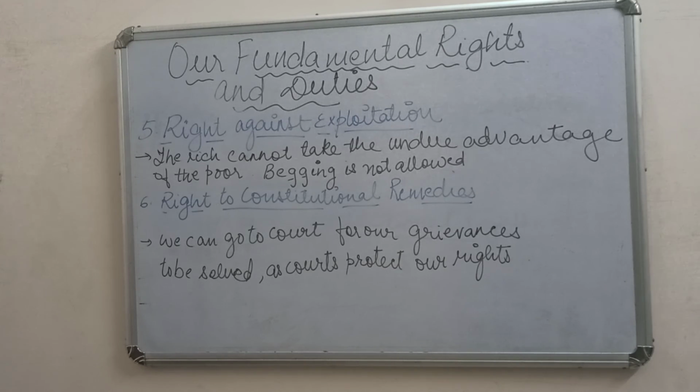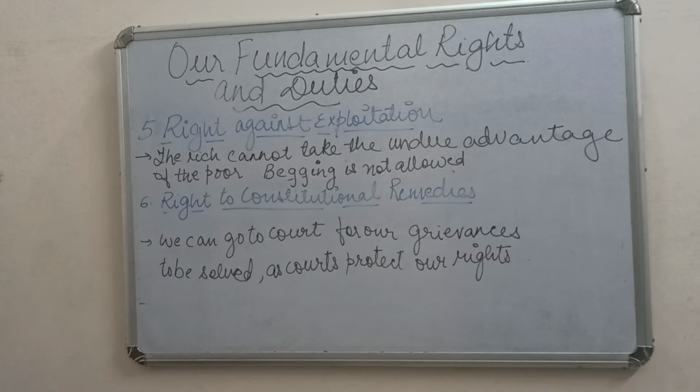So that is why we should not exploit the children, or the small children should not be labor in the factories also. So it is said that the rich cannot take undue advantage of the poor. Begging is not allowed in a country.